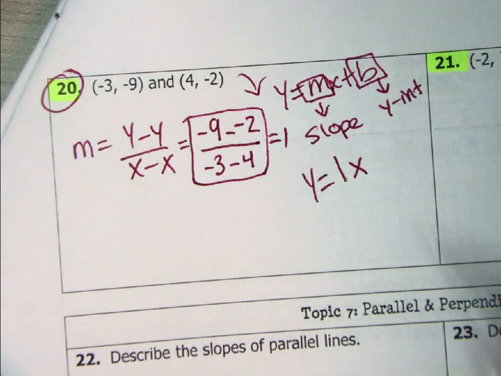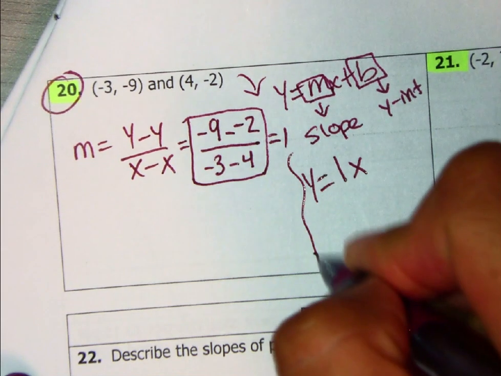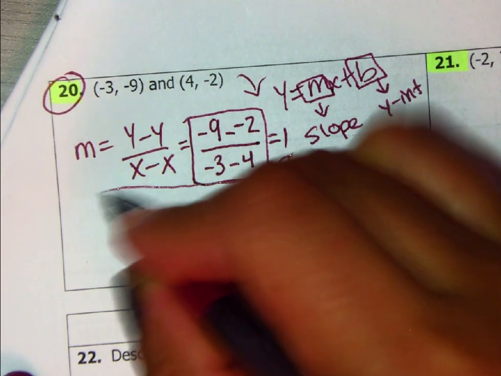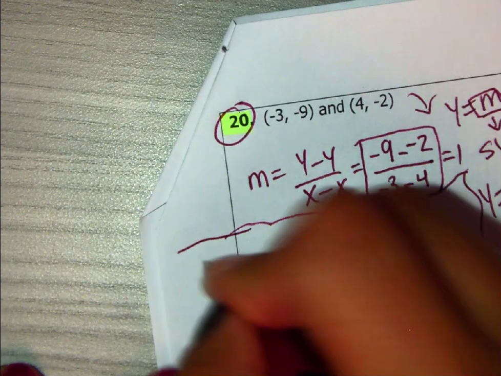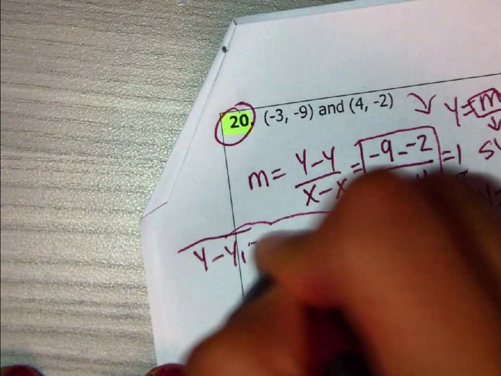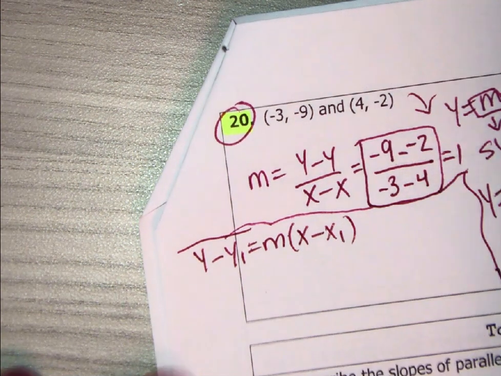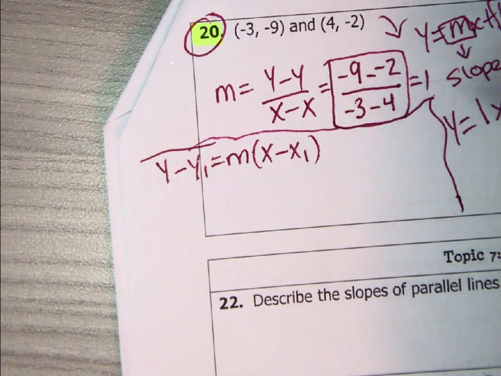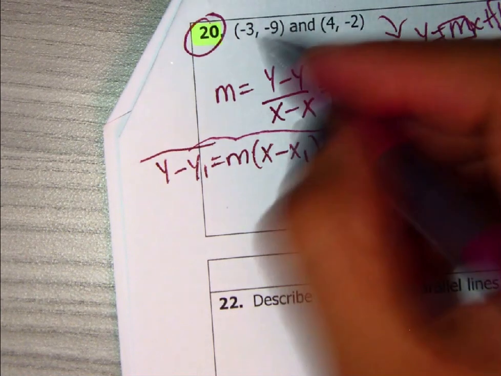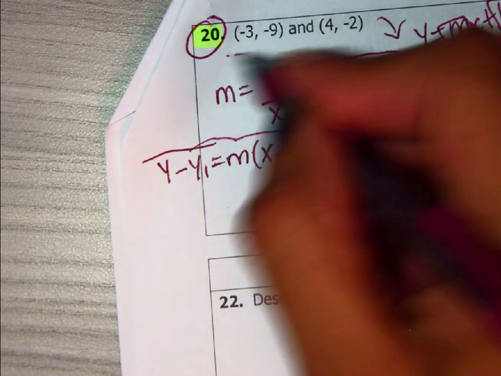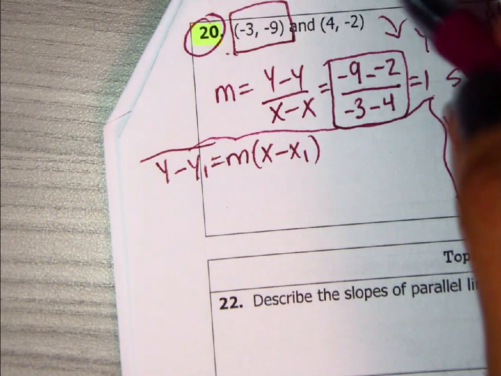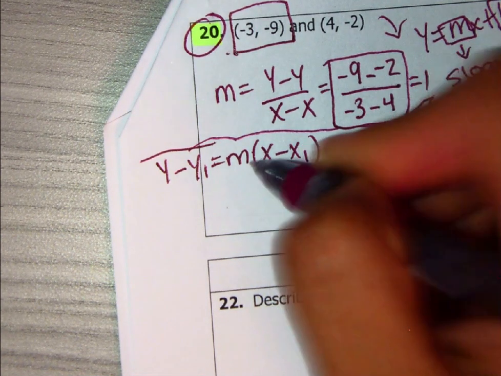So there are 2 different ways to do that, and I'm going to demonstrate both ways. The first way, it's a longer way. We use the point slope form equation or formula. Y minus y1 equals m times x minus x1. You pick a point from the ones you're given, so I'll just pick that one. And you're going to use the slope, the m.